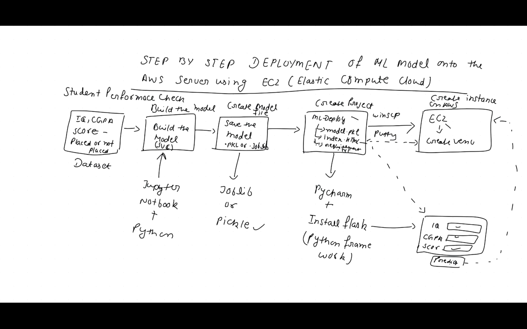Flask has all the files, the commands which we are running. Then it will use your trained model, process this data, send it to the output, and then it will come back here. This is called your API endpoint.